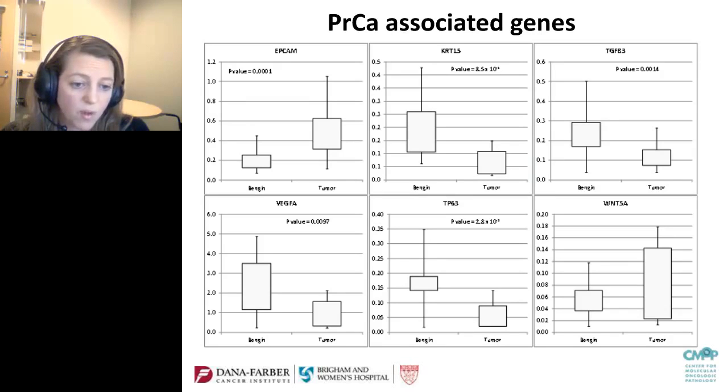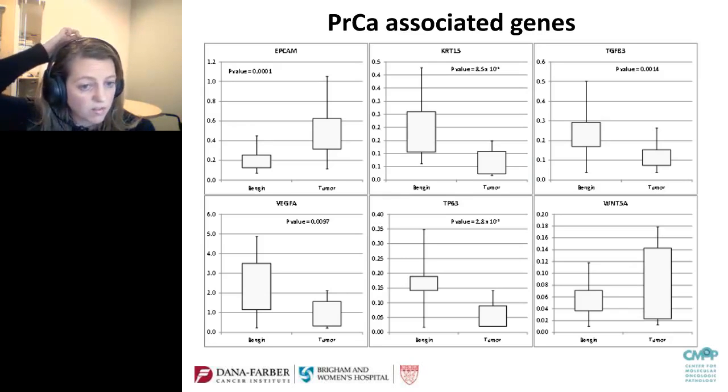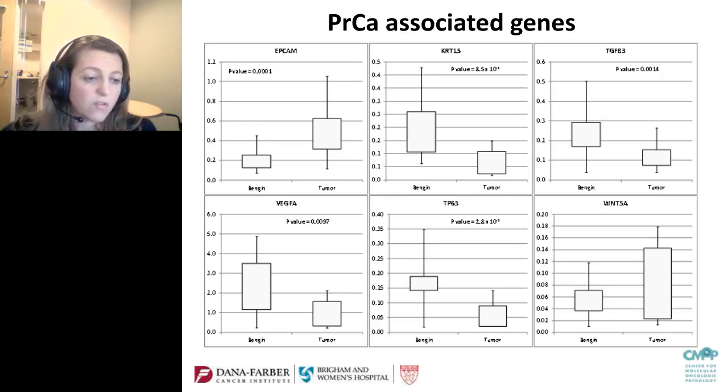When you compare the benign population within our cohort to the tumor population, we have a p-value that's greater than 0.001. For keratin 15 and for p63, the statistical significance was extremely high between these two, and then also less significant but still statistically significant were TGF-beta3 and VEGF-A.